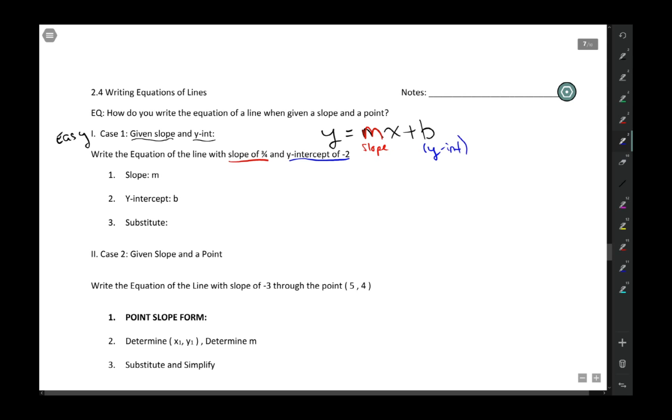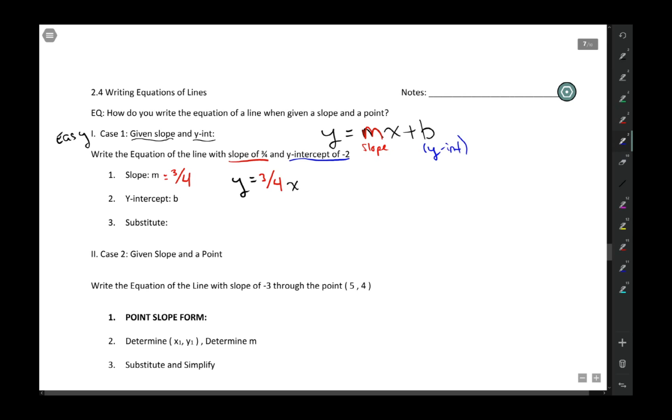Okay, so if you remember that, it's easy as substituting this stuff in. So we know y is equal to our slope m, which is given to us as 3/4. So you simply write 3/4. x stays the same.